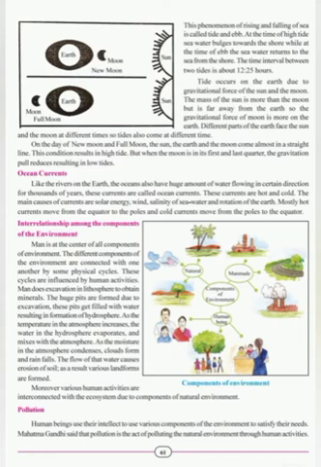Moreover, various human activities are interconnected with the ecosystem due to components of the natural environment. The various components of the natural environment are related to one another. For example, the air human beings and animals breathe in comes essentially from trees and other forms of vegetation.